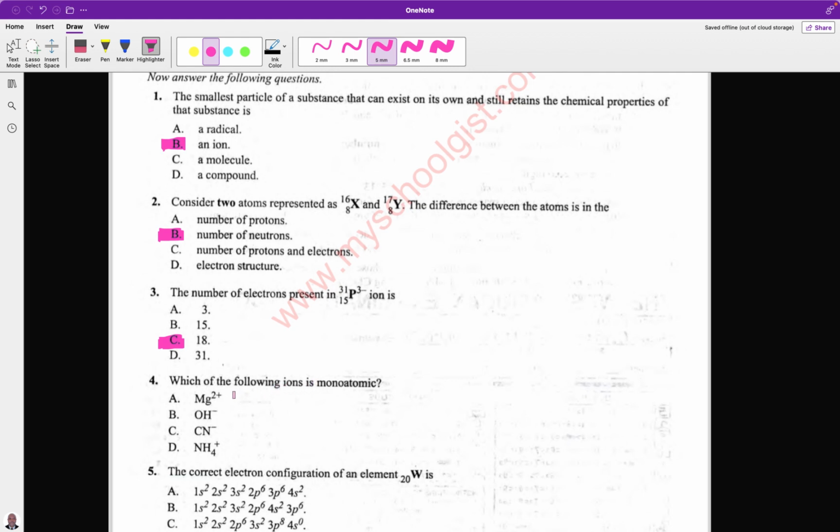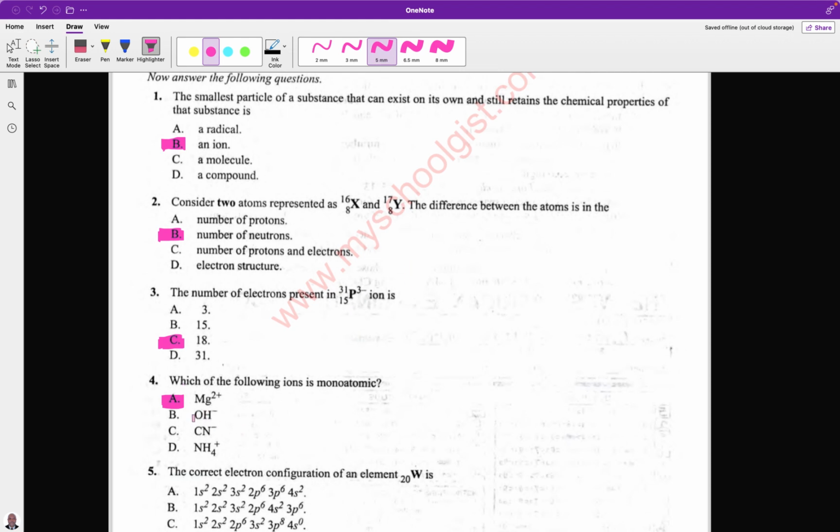The ion here is A. It is an ion formed from a single atom, and the ion has a different number of protons and electrons.